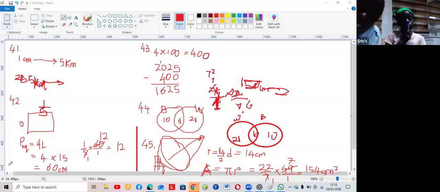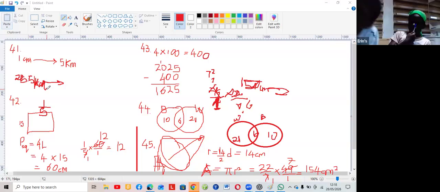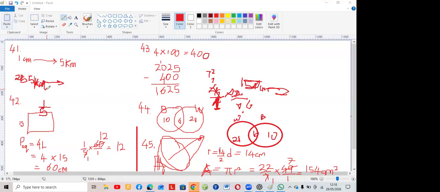So I want to ask a question. Don't touch my computer. You made an error here. In this, radius equals 14 over 2, diameter equals 14. Okay, can I go ahead and wipe off everything?